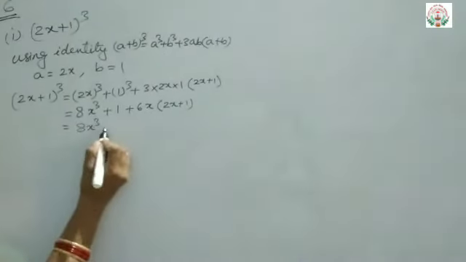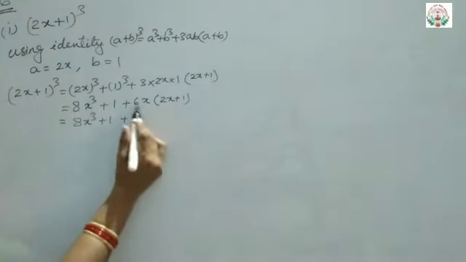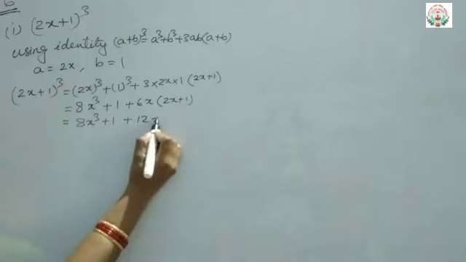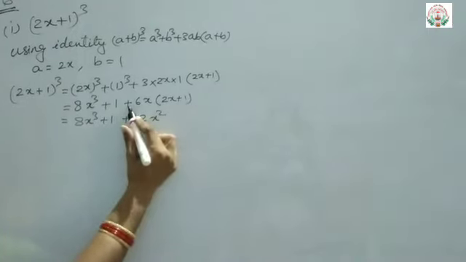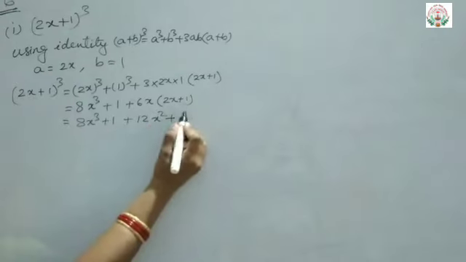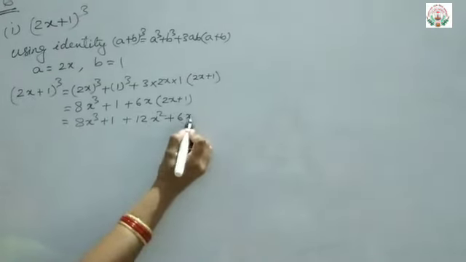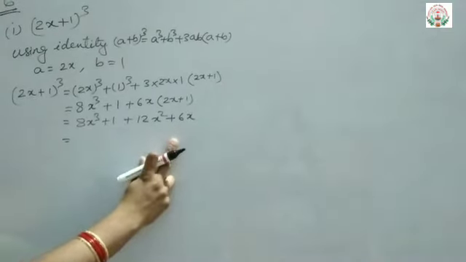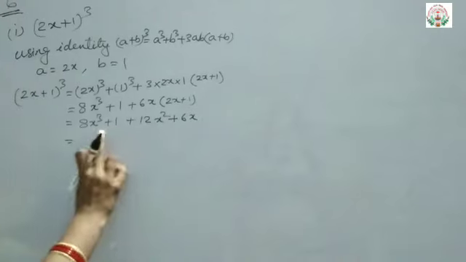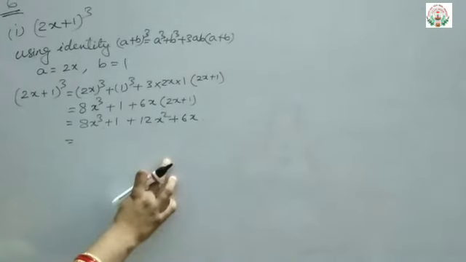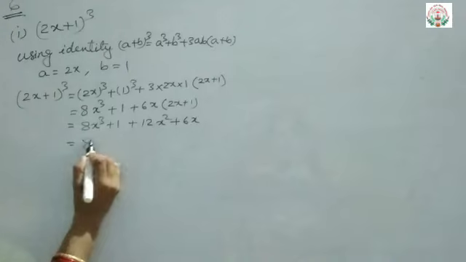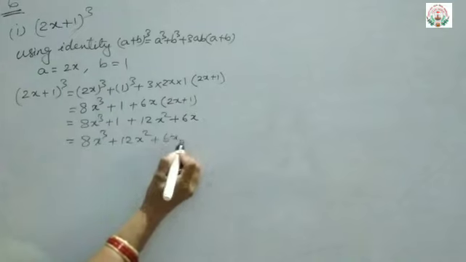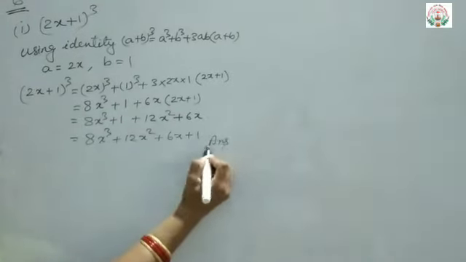Now multiply: 6 into 2, 6 2s are 12, x into x will be x square. Plus into plus, then 6x. So you can put it in decreasing order of degree, higher order first. That is 8x cube plus 12x square plus 6x plus 1. This will be the answer.